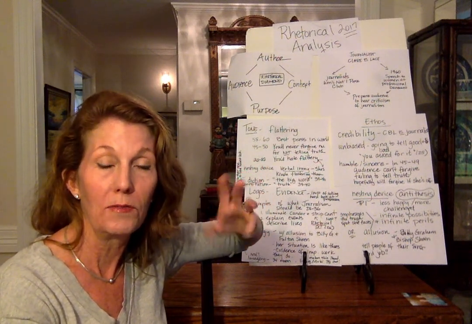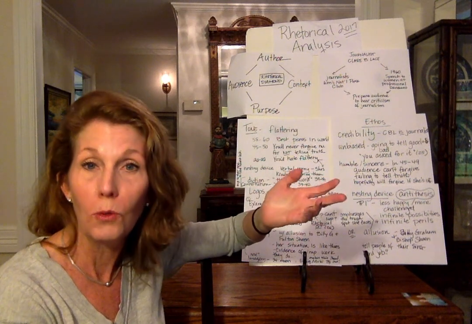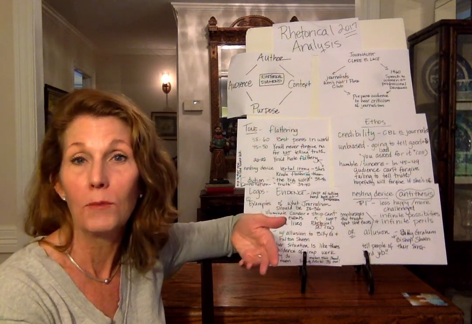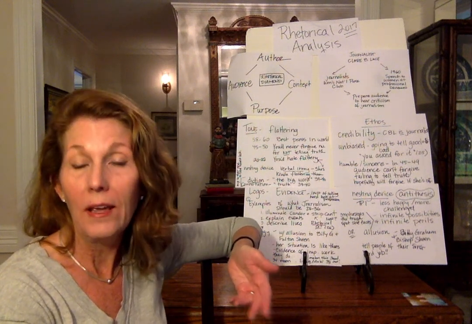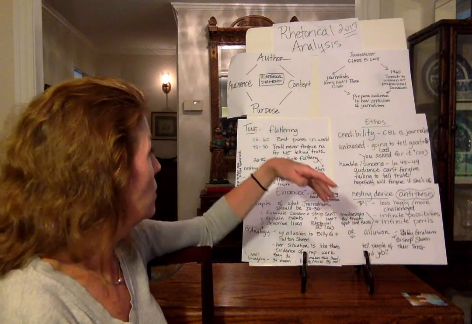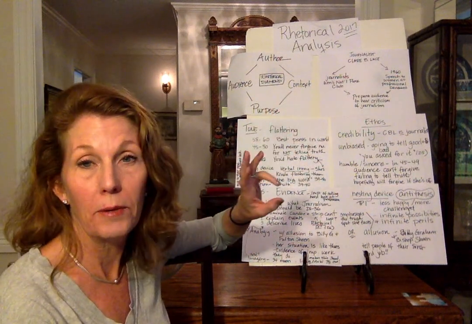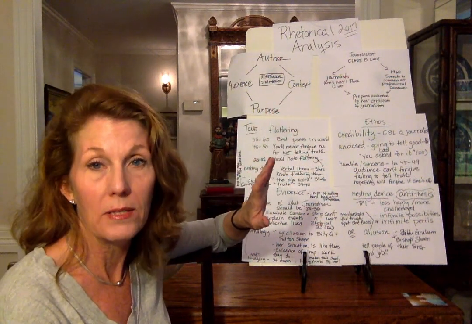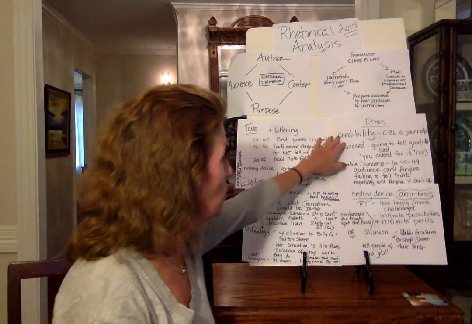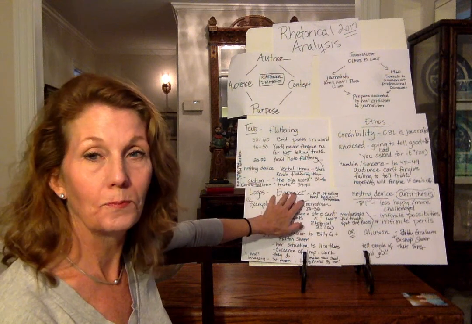If you were going to write this, you would just pick 2 of those 3 because you don't need 3 body paragraphs. I don't think you've got time to write 3 body paragraphs in the 45 minutes that you'll be given. So the 3 big ones that jumped out at me that could be used: tone, ethos, and logos.